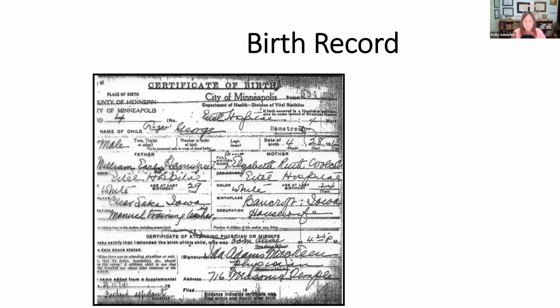But as I looked at this document closely, I noticed in the lower left-hand corner, it said the name was added from a supplemental in 1941. So it appears that George added the name Roger in 1941, and it says father's affidavit there. So maybe he was called Roger George all of those years, and they just never added it until later.